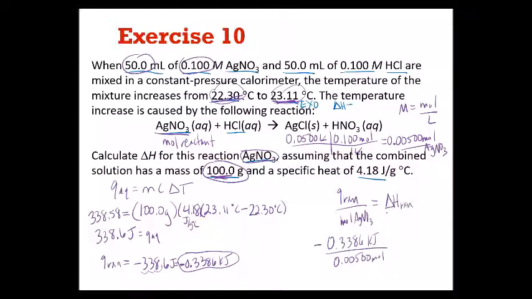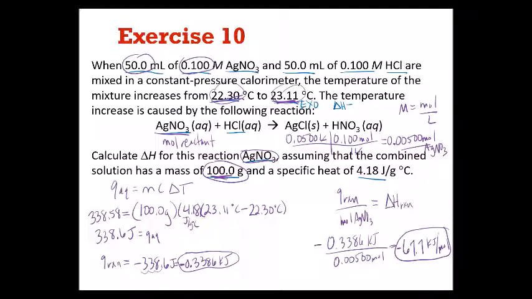And this time I'm going to go with 3 because the moles have 3. So the ultimate end for our delta H here is going to be negative 67.7 kilojoules per mole. So that's what I would do there for that particular one.